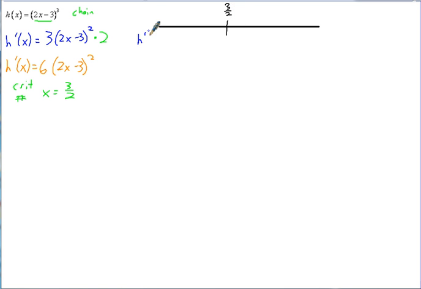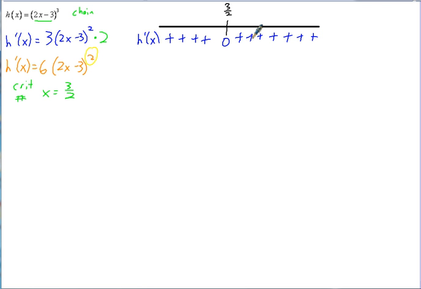Let's test h prime of x. 3 halves makes the derivative 0. So over here we could test like 0, but notice we've got this squared here. So other than 3 halves, anything else we test in this is going to be positive. So you can test 0, but that's going to be positive. You can test something over here like 5, but that's also going to be positive.